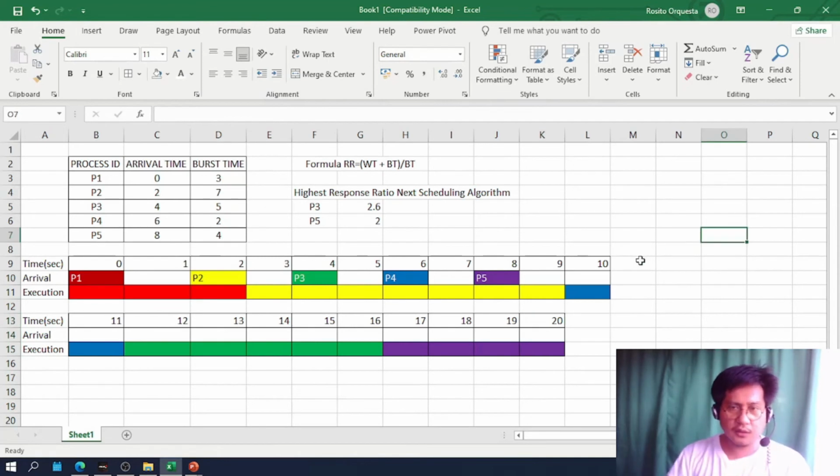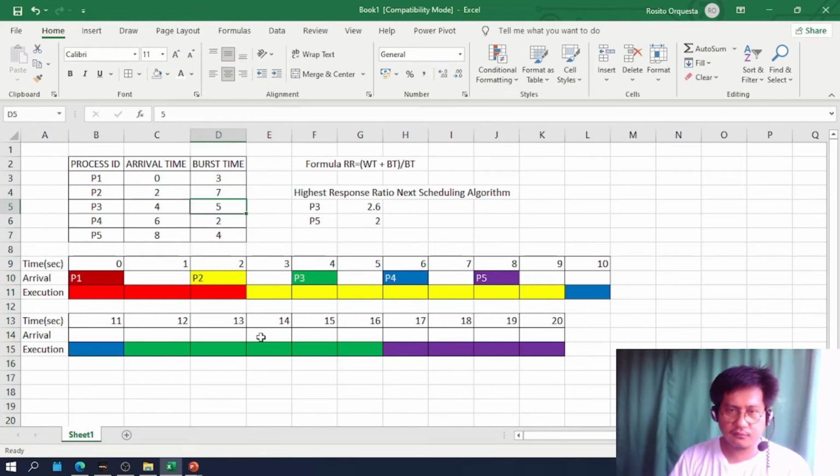So let's check it again. P1 has 3 burst time: 1, 2, 3. P2 has 7: 1, 2, 3, 4, 5, 6, 7. And then P4 has 2: 1, 2.